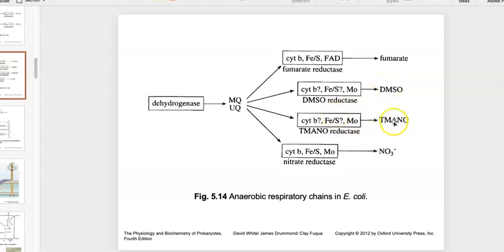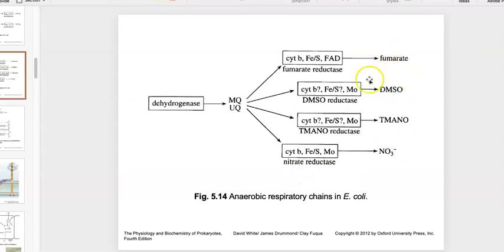And then TMAO, and nitrate reductases as well are present. So the microbe can use TMAO or nitrate as a terminal electron acceptor. So again, that's not all. I mean, these are just for simplicity in this particular diagram, but just showing you how versatile the microbe is.